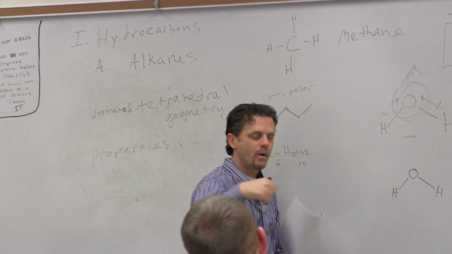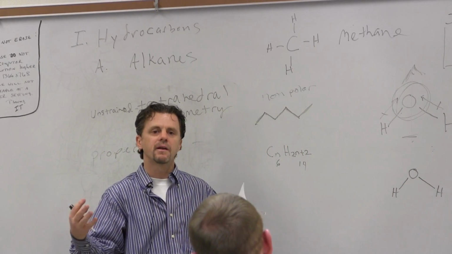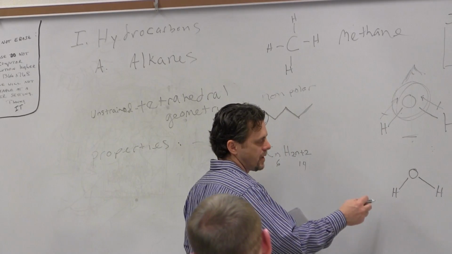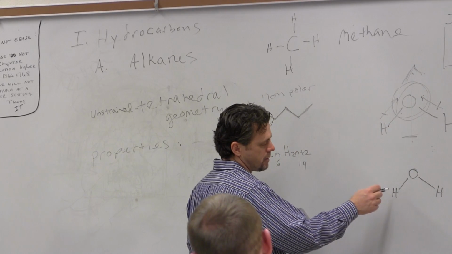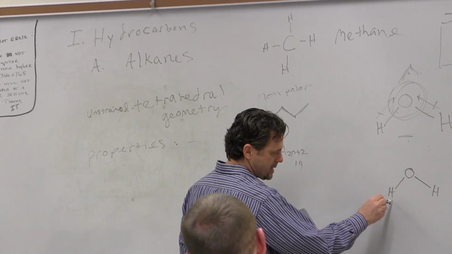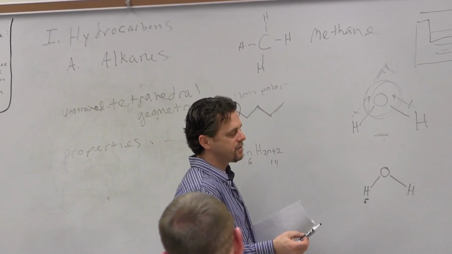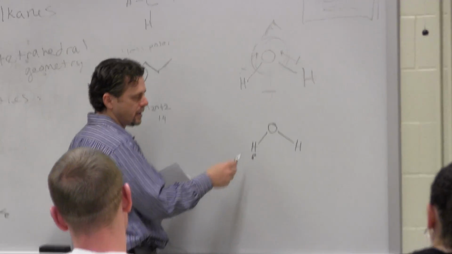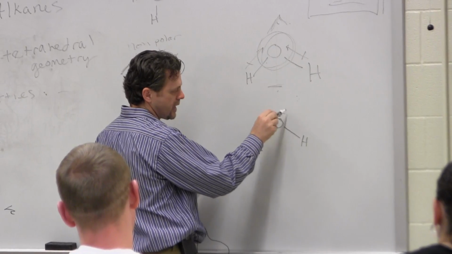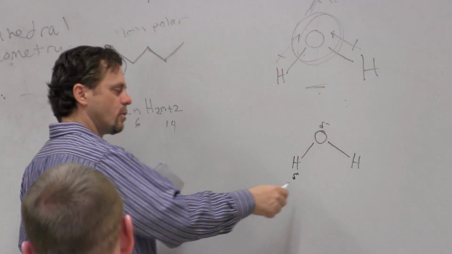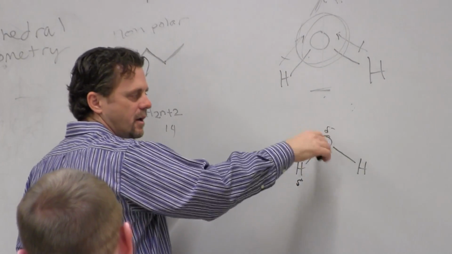Basically, anything that has an OH group can significantly hydrogen bond, so you get it with alcohols as well. Since you have this slight positive, it's not a true positive charge, we just use this small Greek letter delta. And this is not a true negative charge, but we're saying that there's an unequal sharing of electrons. So we're creating sort of a positive end here and a negative end here.